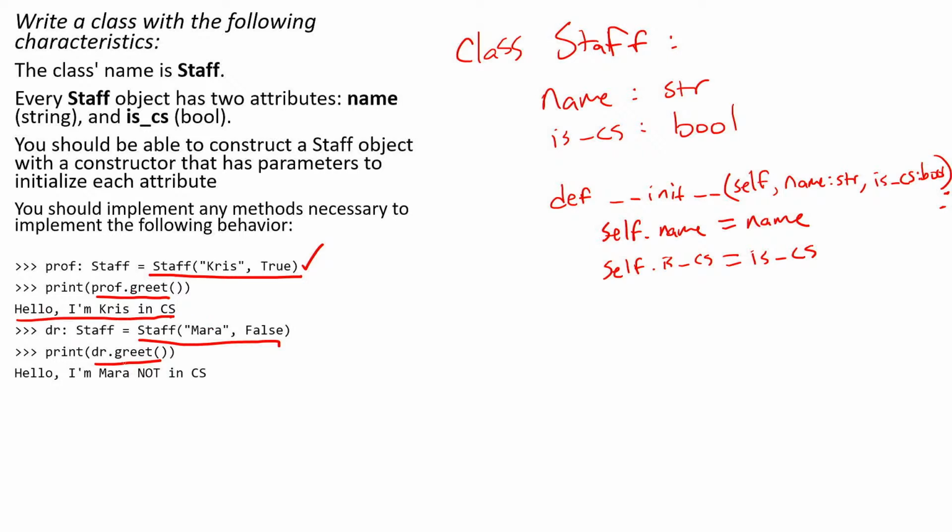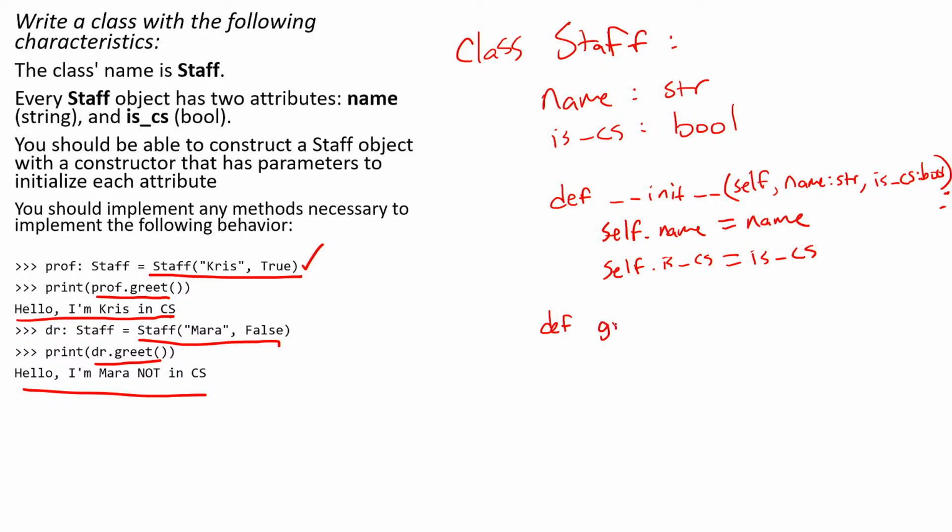Whereas when we call the greet method on an object whose isCS is false, and we can kind of infer that because that's really the only difference other than the name, hello, I'm Mara, not in CS. So we know we're going to have a conditional behavior in here. We know that this is a method that's going to need to return a string. It's a method that doesn't have any other parameters besides self. So let's try setting up the skeleton of this. We set up the signature line, def.